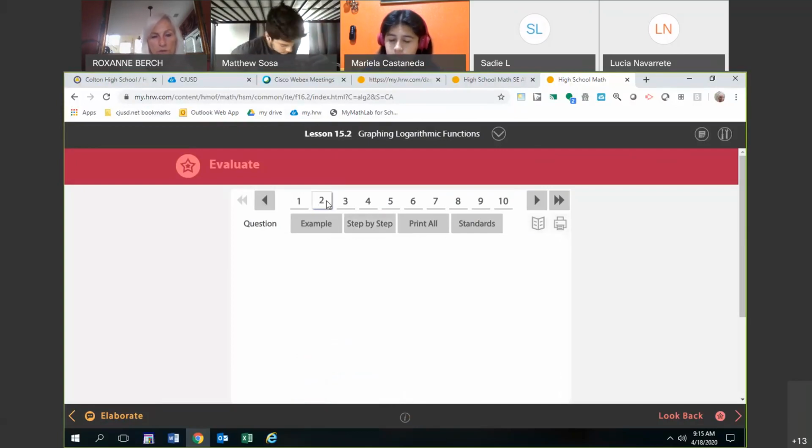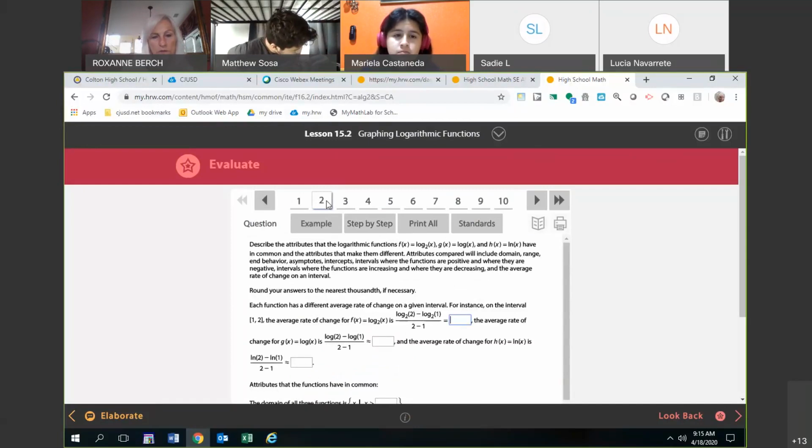Let's go to number 2. All right, so this is asking you to describe the attributes that those logarithms have in common and the attributes that make them different, compared with domain and range, the end behavior, this and that. So they're asking, see this?